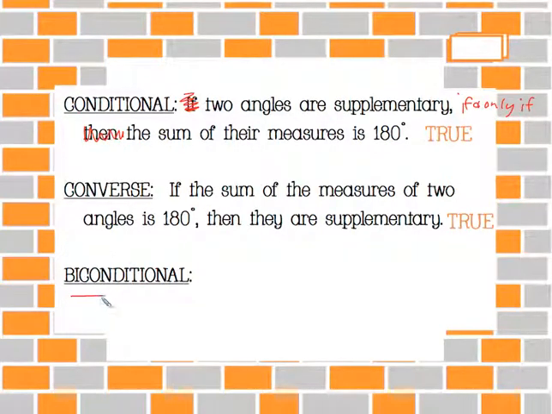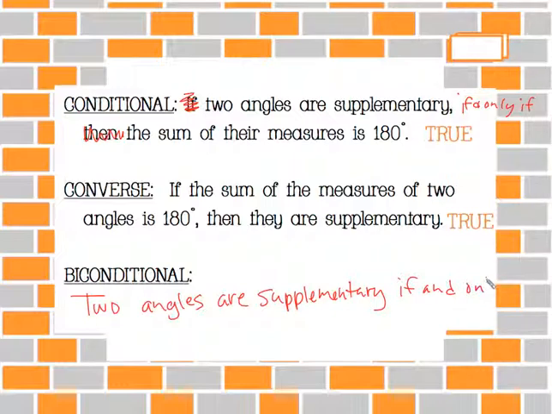So you would say, notice I capitalized the T because it's now the beginning of my sentence. 2 angles are supplementary if and only if the sum of their measures is 180 degrees.